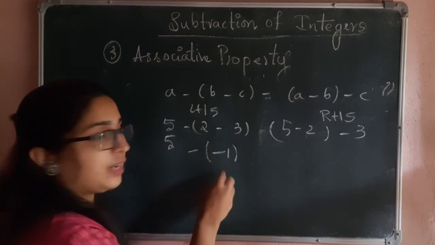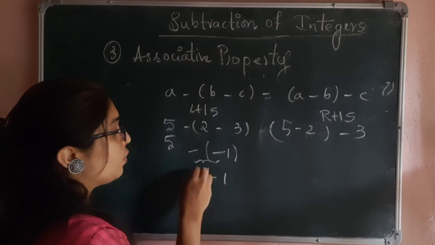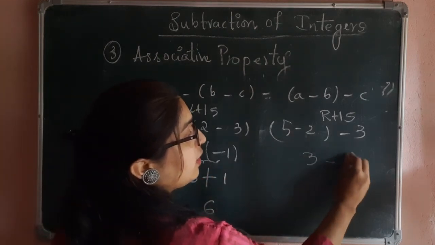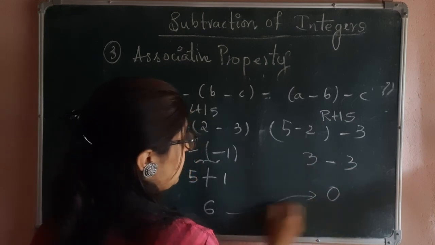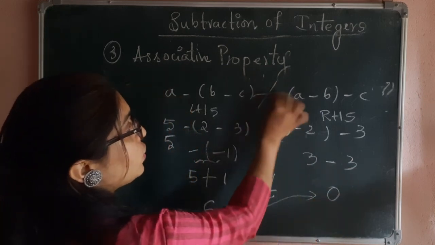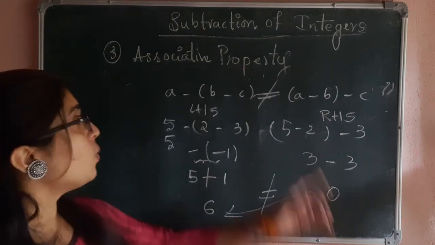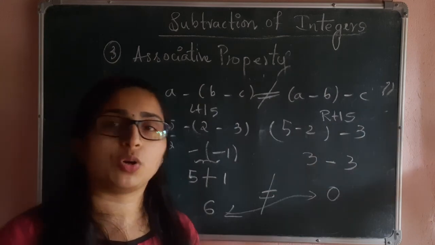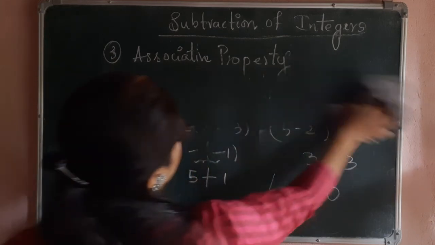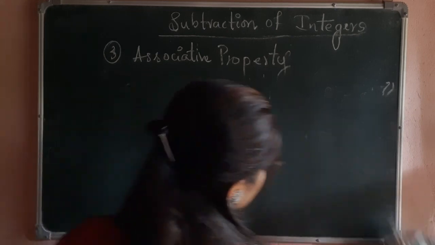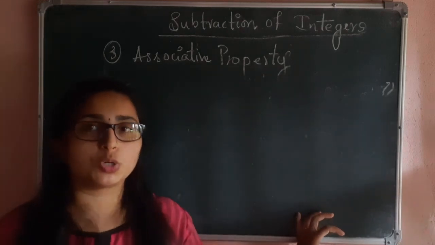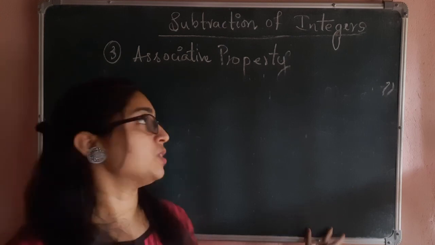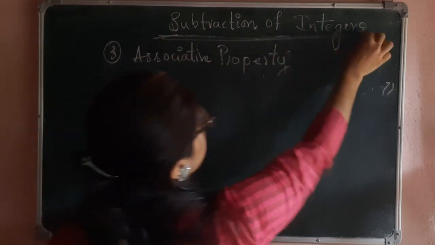So minus into minus becomes plus. So 5 plus 1, this is 6. On the left, 5 minus 2 is 3, 3 minus 3 is 0. So LHS is not equal to RHS. So what we can say, associative property does not hold good for the subtraction of integers. Okay. So we have concluded that only the closure property is satisfied for the subtraction of integers. Okay. So this is all about the subtraction.